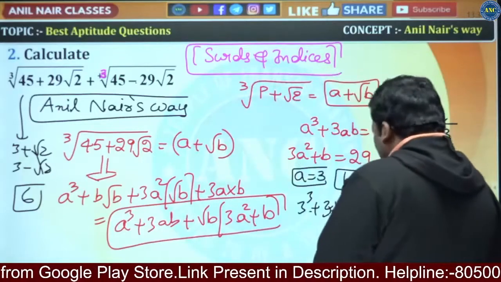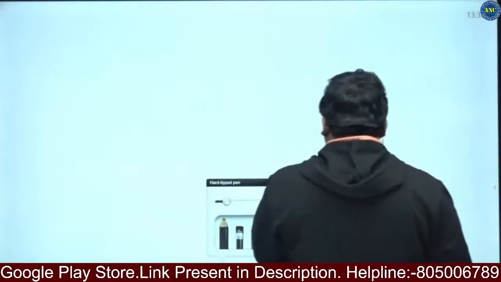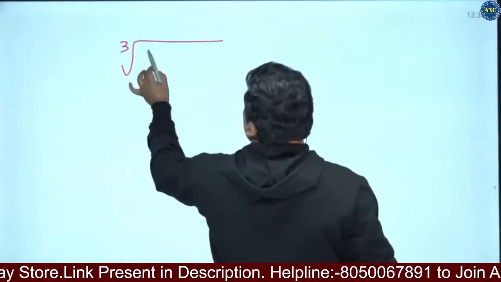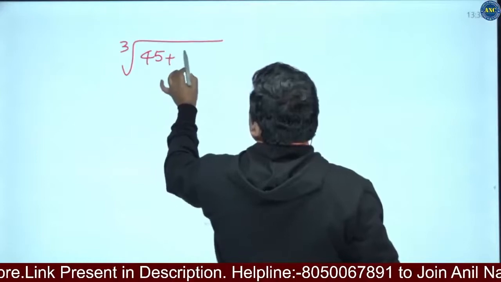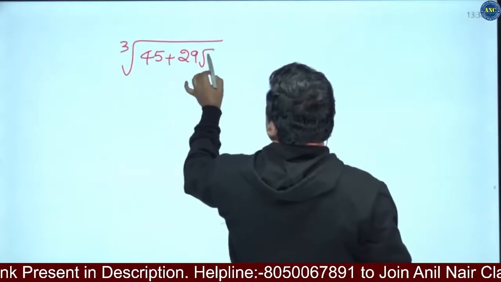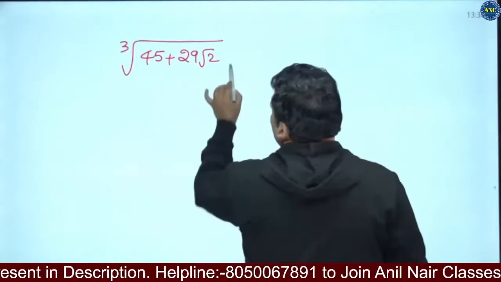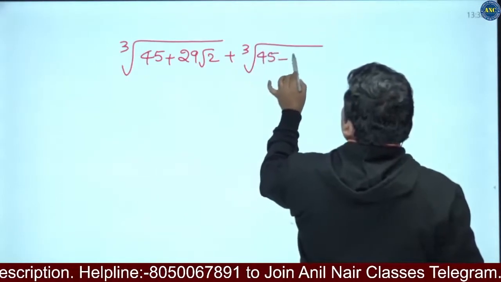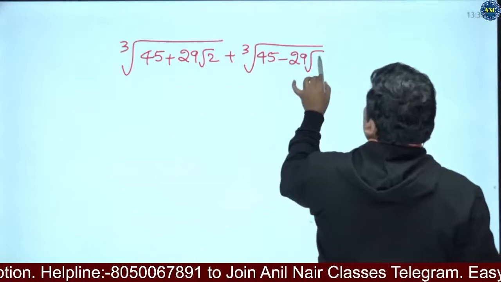Another way to do it is by using approximation. Cube root of 45 plus 29 root 2, plus cube root of 45 minus 29 root 2.